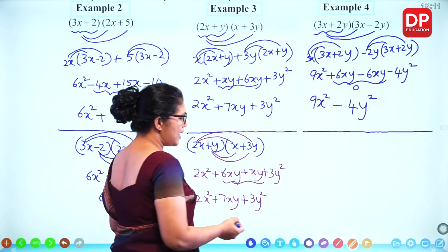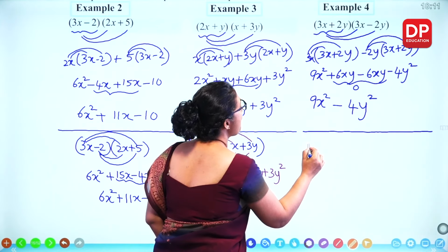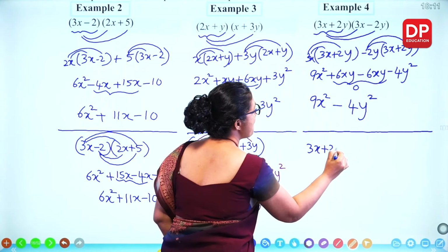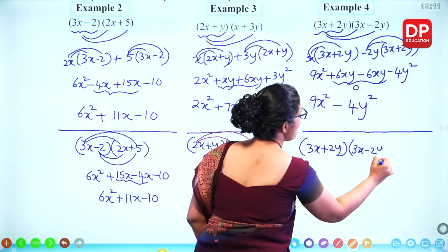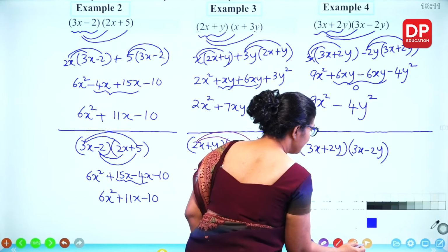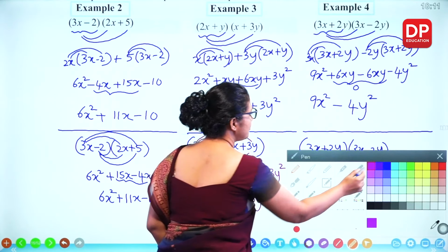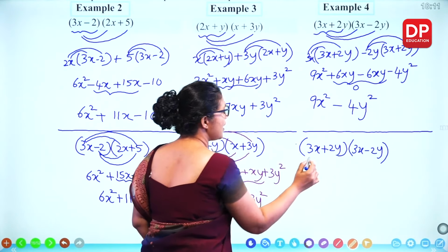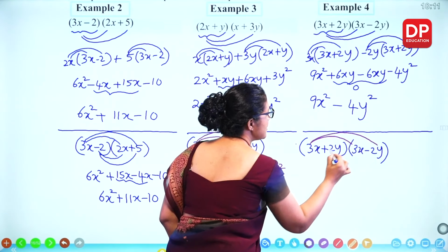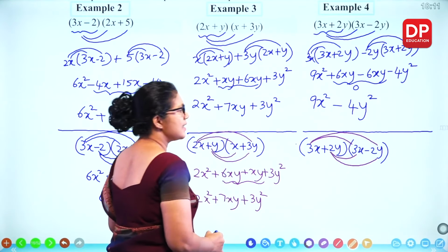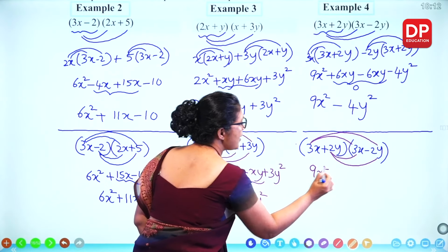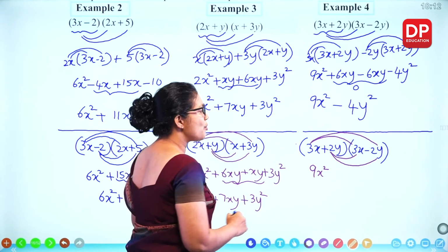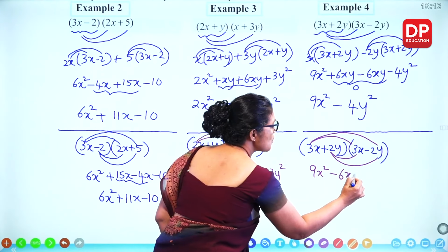We'll do the same thing with the rainbow method. I'll write this down. So you can write down rainbow method, multiply, draw the rainbow like this and multiply. 3x times 3x, 9x squared. 3x times minus 2y, minus 6xy.